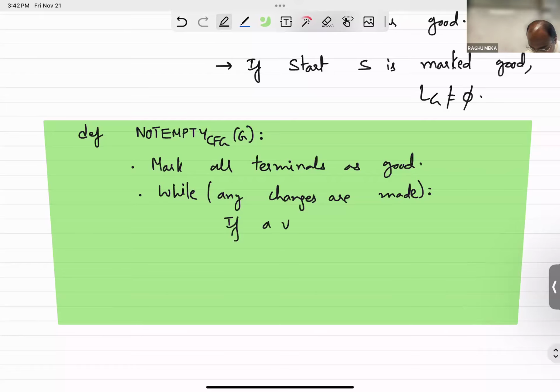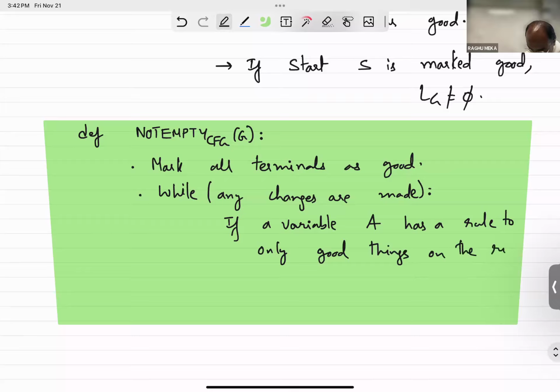If a variable A has a rule to only good things on the right, mark A as good.